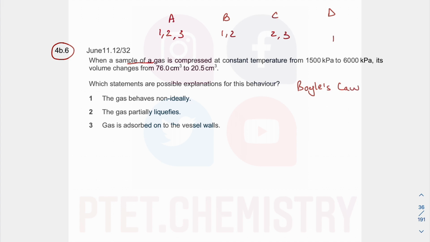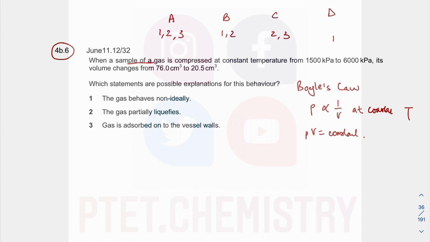In physics, from your O-level or IGCSE or GCSE physics, you will have learned that the pressure of a gas is inversely proportional to the volume of a gas at constant temperature, which it is here. So that means PV equals a constant.